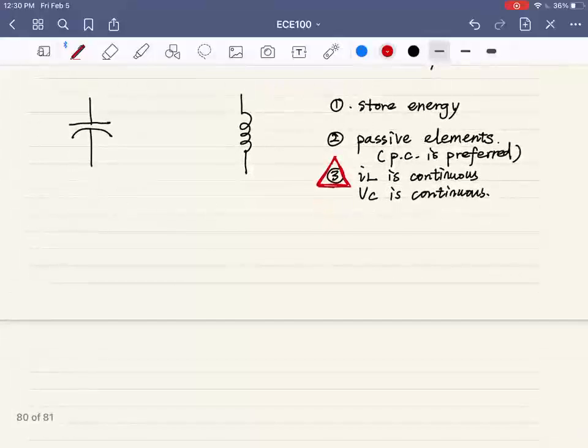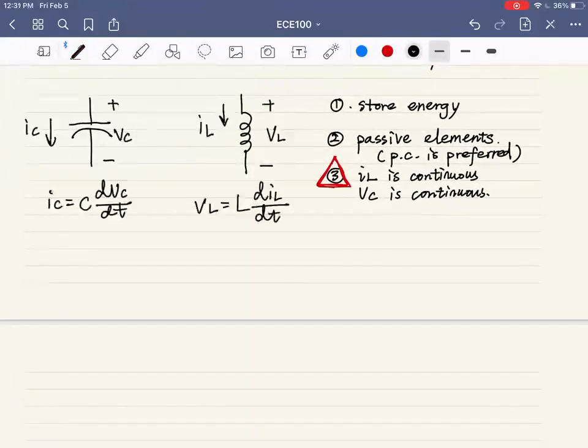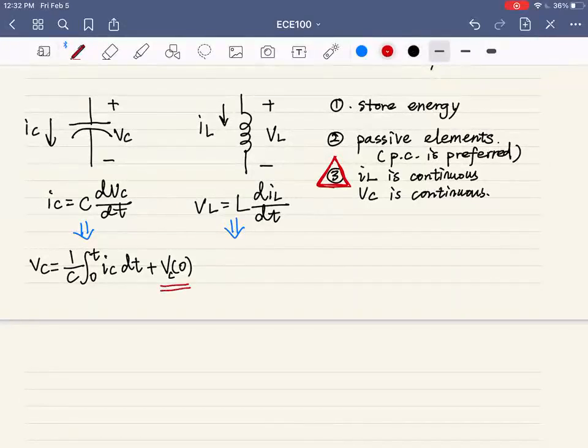And when you do your homework, always list these two equations down. And derived from these two equations, we'll have the integral format, which is also very helpful. Don't forget the initial state. It is very important. It means that the capacitance already stored some energy in it.